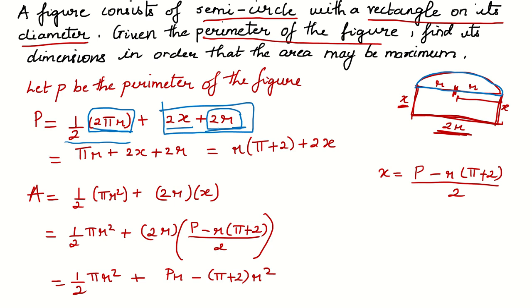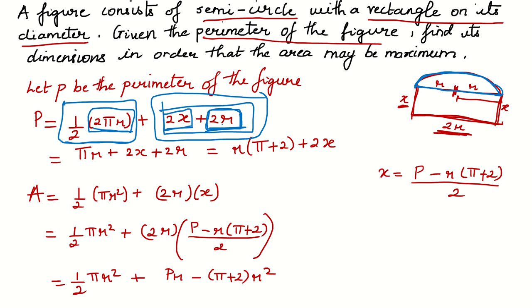Okay, one side of the rectangle, one length, then two breadths, that is 2x, and the rest is the semicircle. So this is basically the perimeter.